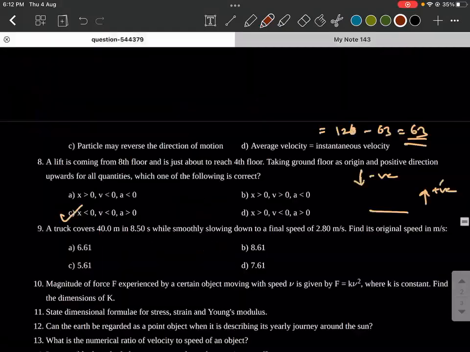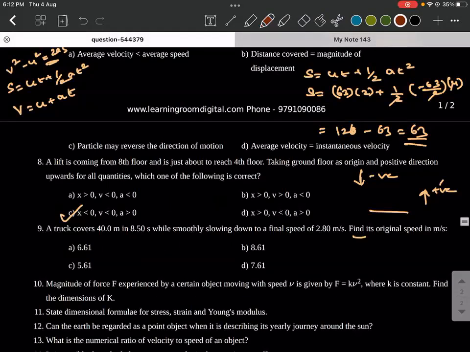Right? Now the next question is, find the original speed is what they are asking.